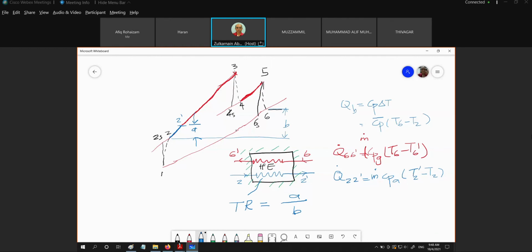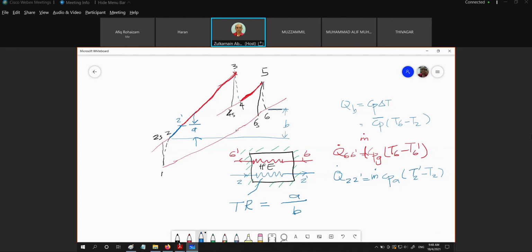If we have the maximum thermal ratio of 1, then 2 prime will be at the same level as T6.